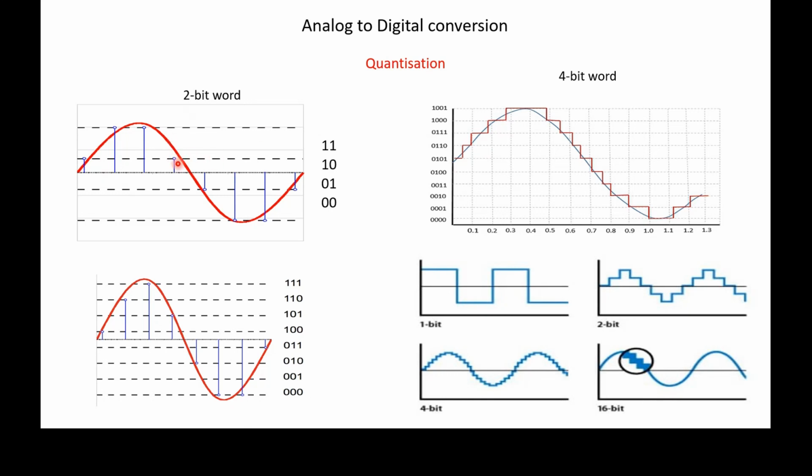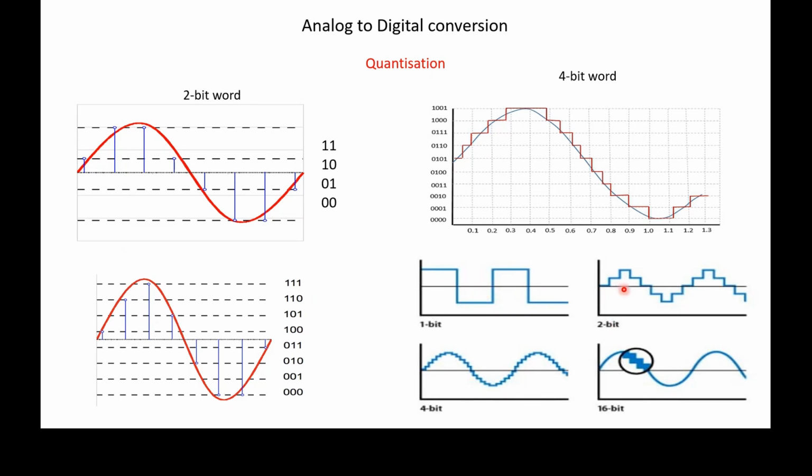But if we take our signal and we measure it, how often can we make what the digital signal is? If it's a 2-bit word, we really don't get a good signal out of it. If we had a 1-bit, it's either on or off. It doesn't look like our sine wave.